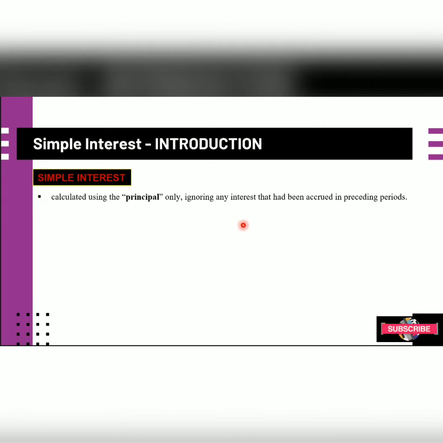So this is now the simple explanation about this ignoring any interest that have been accrued in preceding periods.